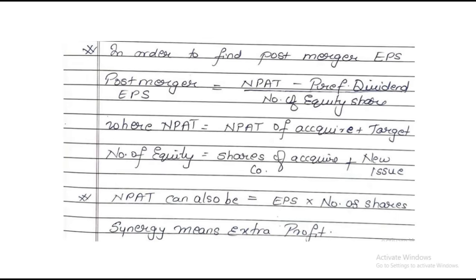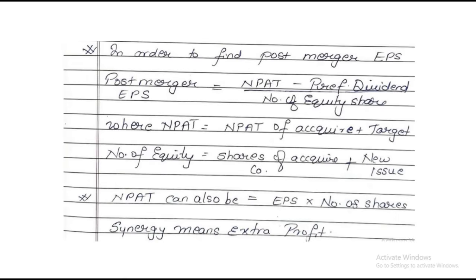So the new NPAT is nothing but the merger net profit after tax of both the companies less preference dividend, upon the number of equity shares, which will be made up of the acquiring company plus the new issue numbers. This is exactly similar to the first method. The only new thing in this is the net asset method format.